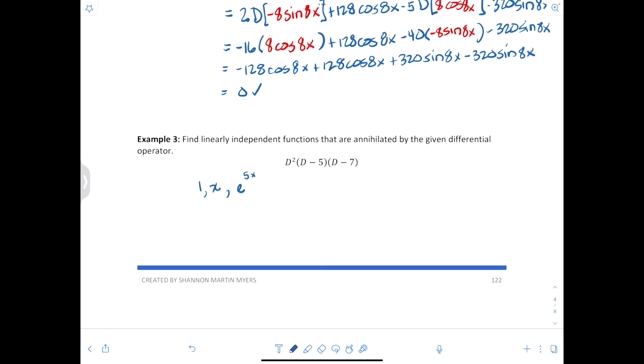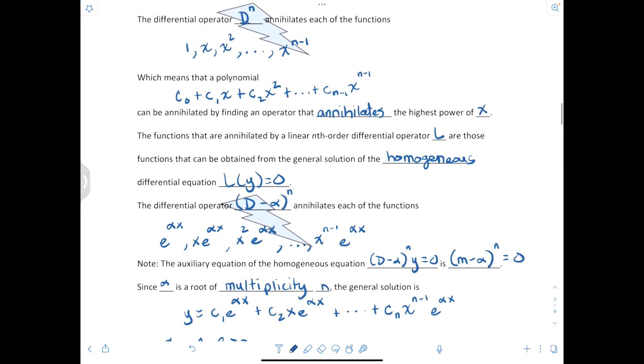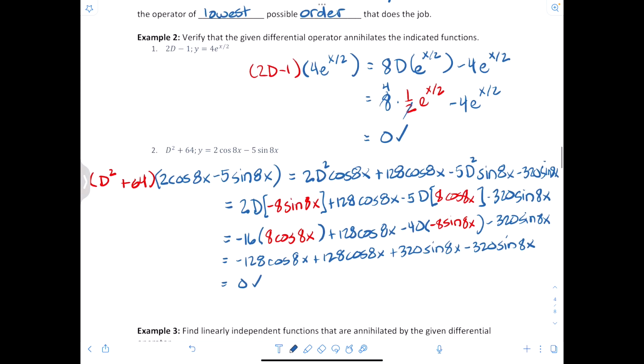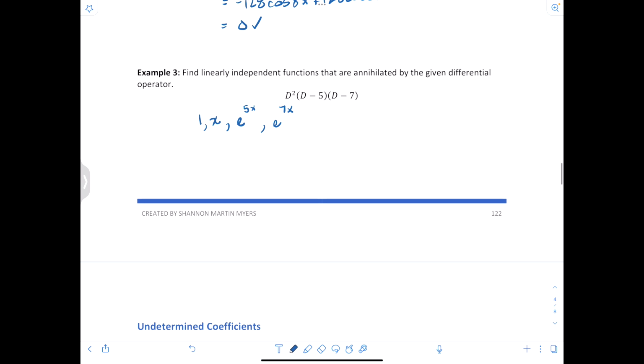And the D minus 7 annihilates e to the 7x. Cool, cool? And that's all coming from these lightning bolts. So see this D minus alpha to the n? That's where I'm getting that e to the 5x, e to the 7x. The D to the n, that's where I got the 1 and the x. All right, so know your lightning bolts.